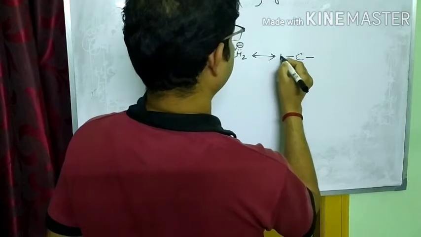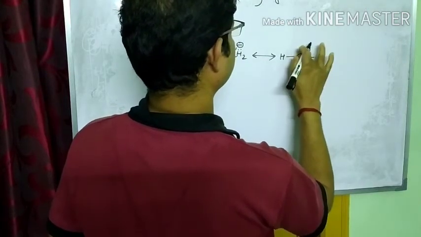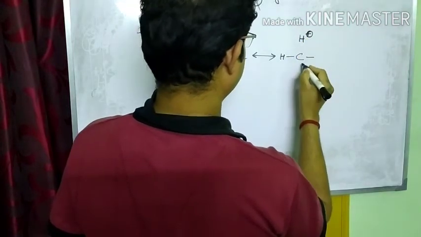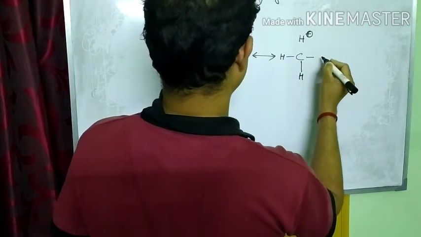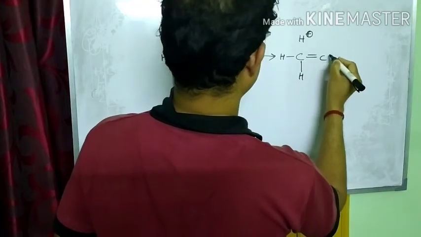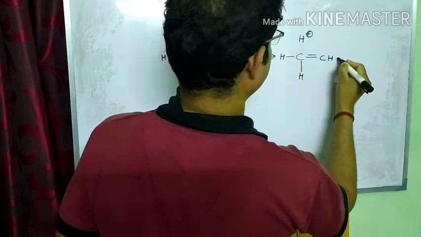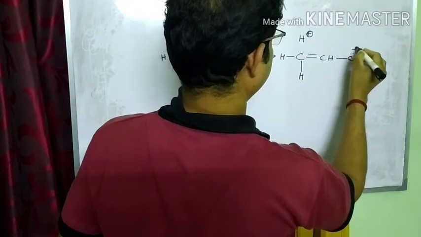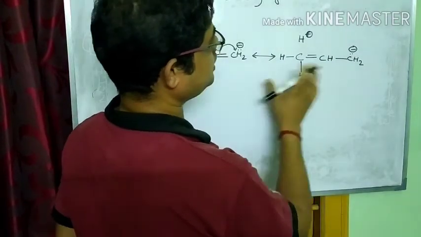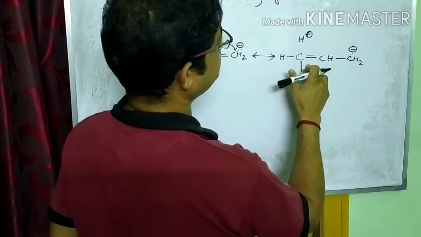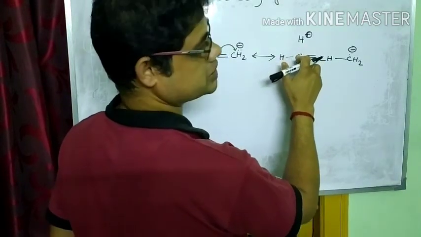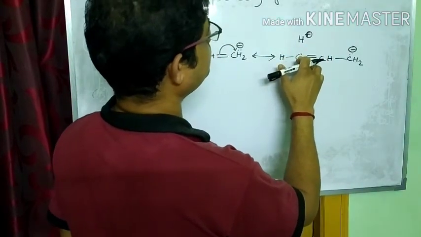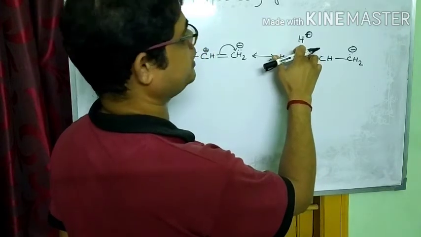Now we get this compound in this form. Here we find there is no bond between carbon and hydrogen, but this hydrogen is connected with this carbon with a no-bond overlapping.